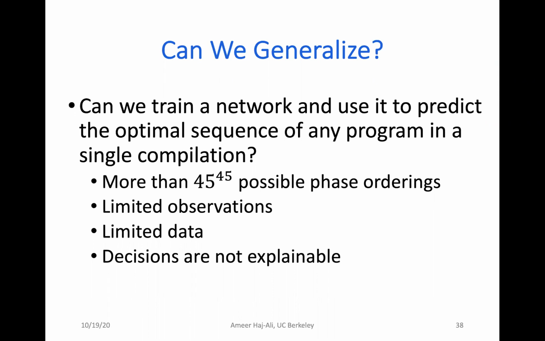So the program features that we collected from the program do not fully represent the state of the program. Actually, nobody until today knows how to represent a program in something that can be fed to a neural network. I heard some professors say that it's a Turing Award-worthy problem. And we have limited data and our decisions are not explainable.